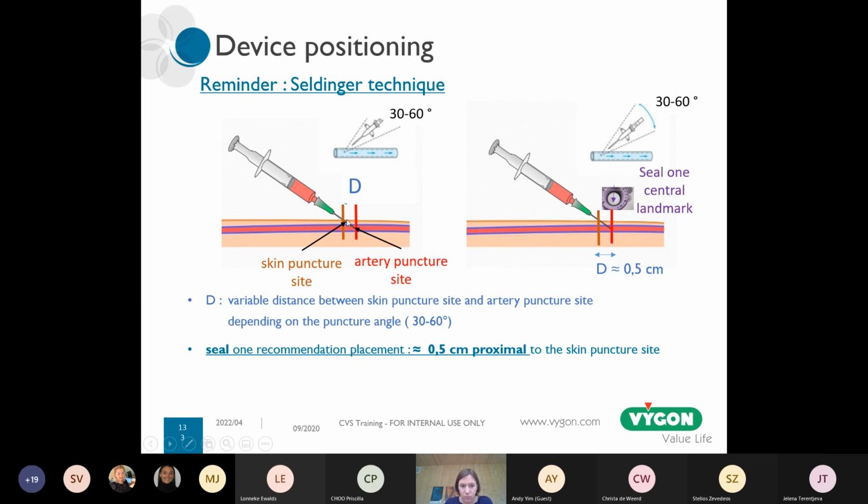So when you puncture the skin here, you will have the puncture artery here, okay? So if you want to compress the artery at the puncture site, you have to place the SIL1, the central landmark, here. And it is approximately at 0.5 centimeter. It depends on the angle of the puncture.